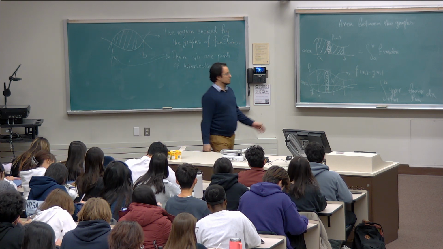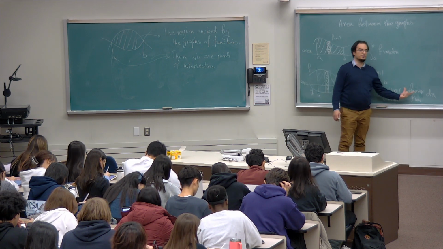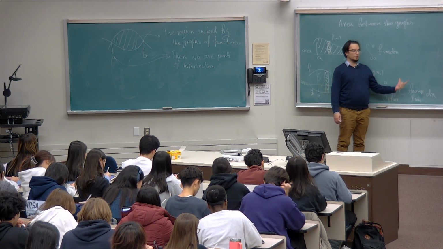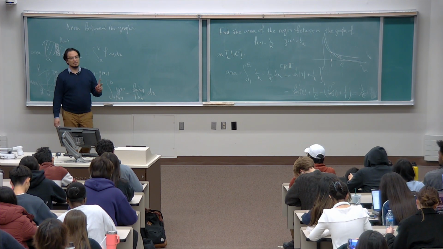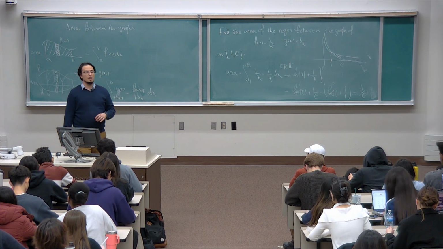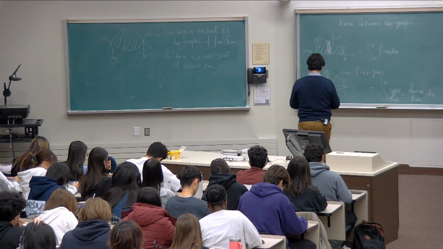In other words, in some cases, not only do you need to figure out which one is the upper one and which one is the lower one, but you also have to figure out the limits of your integral yourself by finding the points of intersection. Let me write this example, and then you will see.